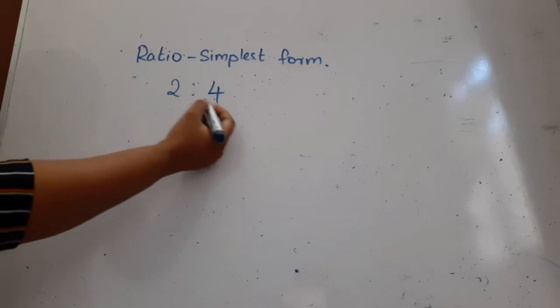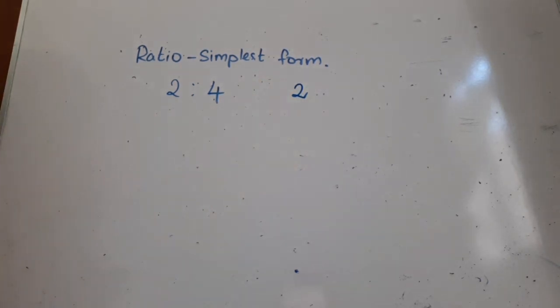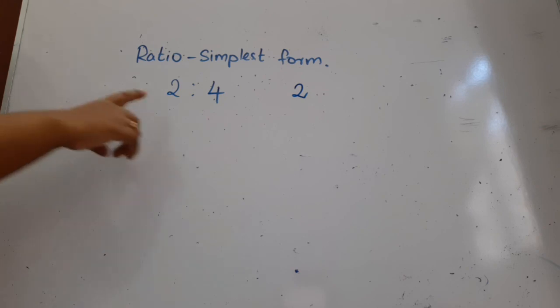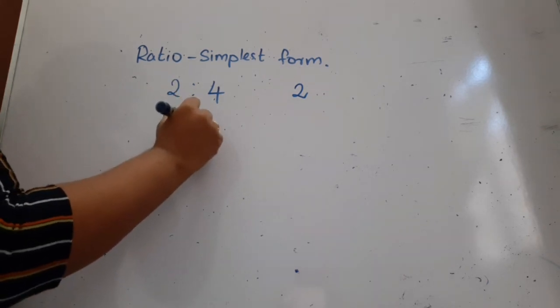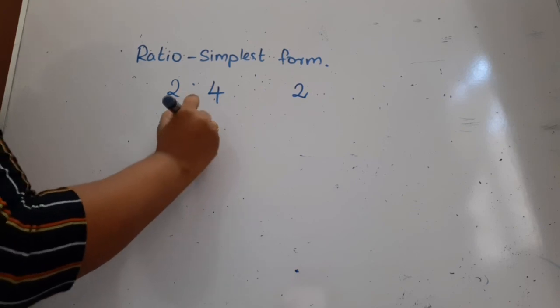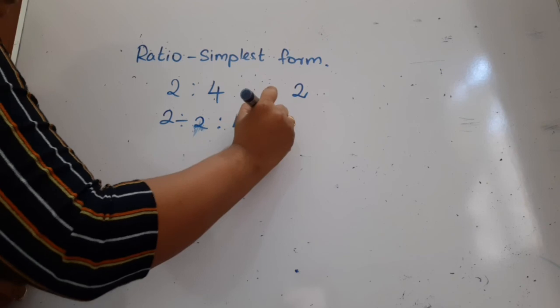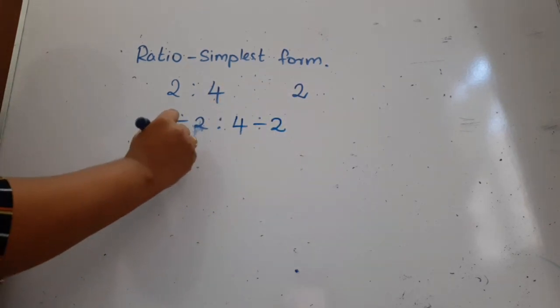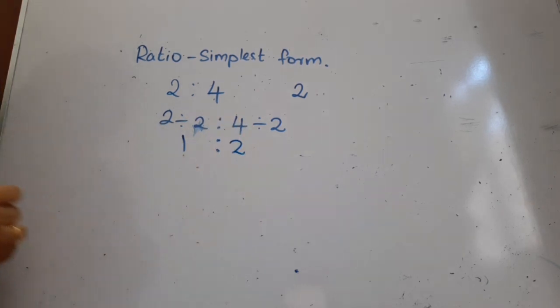So 2 and 4 can be divided by 2. Isn't it? So you should divide both the numbers by 2. 2 divided by 2 and 4 divided by 2. The answer is 1 to 2.